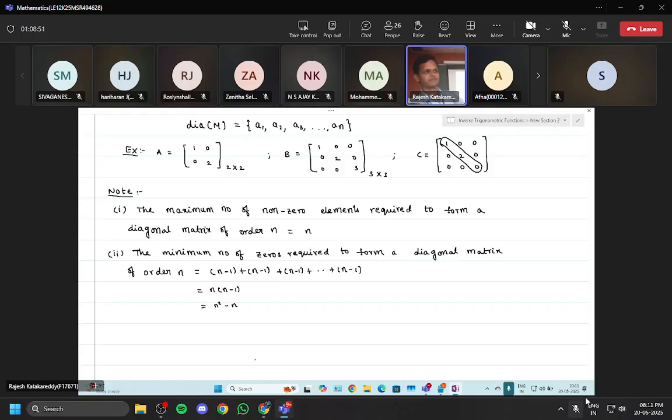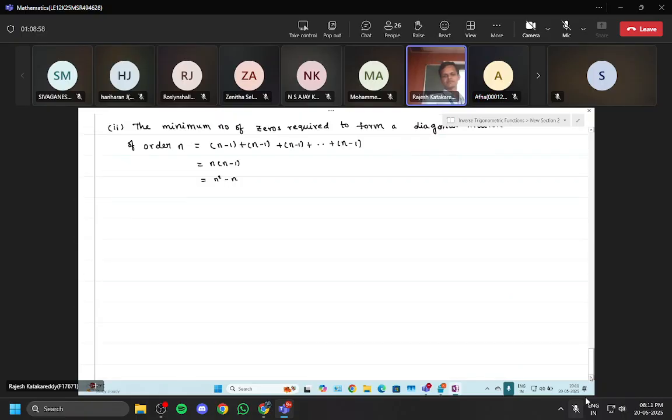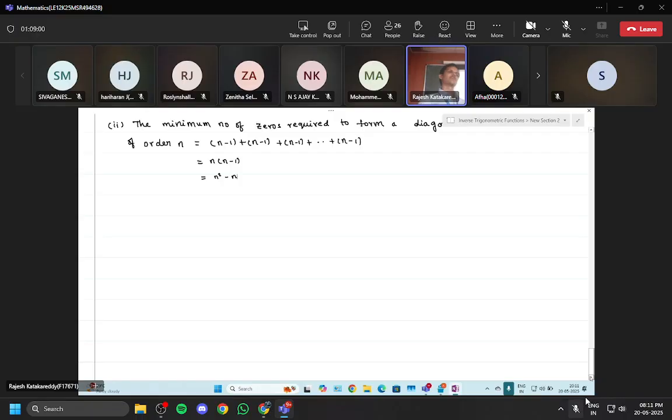Done. Copied, everybody. Scalar matrix. I forgot, null matrix can be called a scalar matrix as well. Number 8.